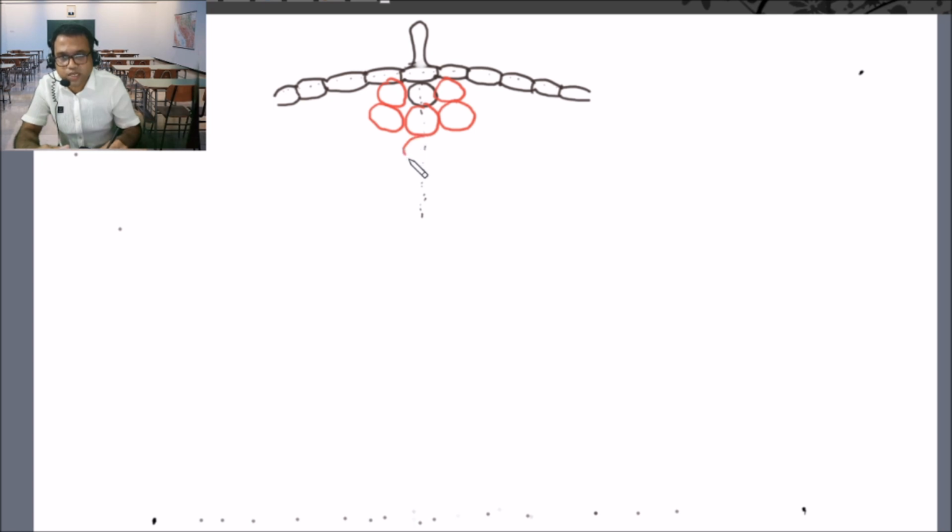The size of these cells is similar, and in between these cells there is intercellular space.